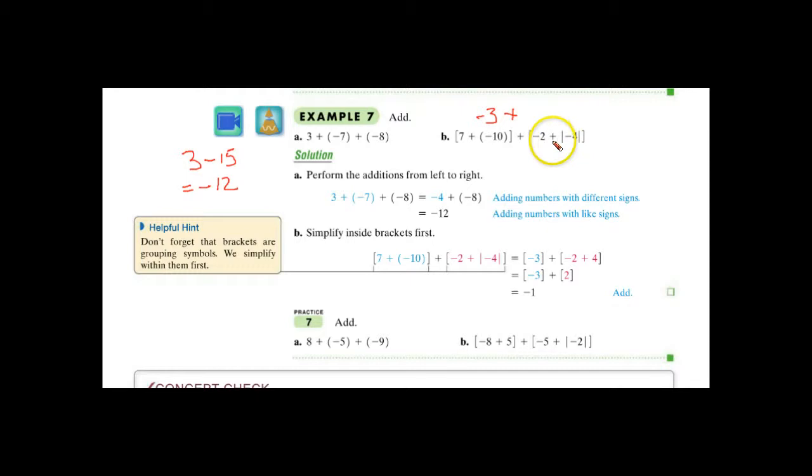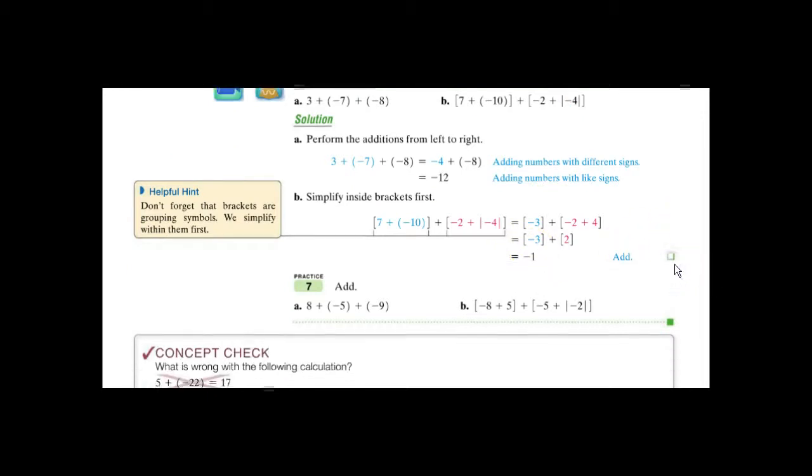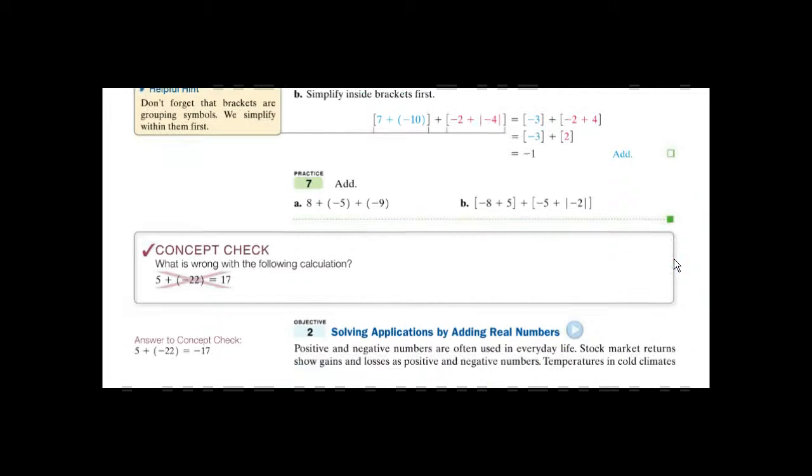And here we're going to end up with, remember, this becomes a positive 4, so this is going to be a 2. So that is going to be a negative 1. Right there. Okay. So again, not too difficult.